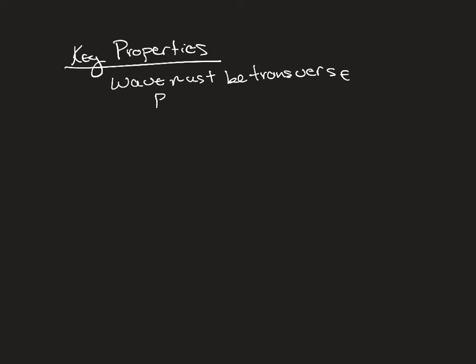So B, the magnetic field, and E, the electric field, must be perpendicular to the direction of propagation, or v, and they must be perpendicular to each other. And that is told to us by Gauss's law. We also discovered that the magnitude of the electric field is equal to the speed of light times the magnetic field. And we learned that through Faraday's law.